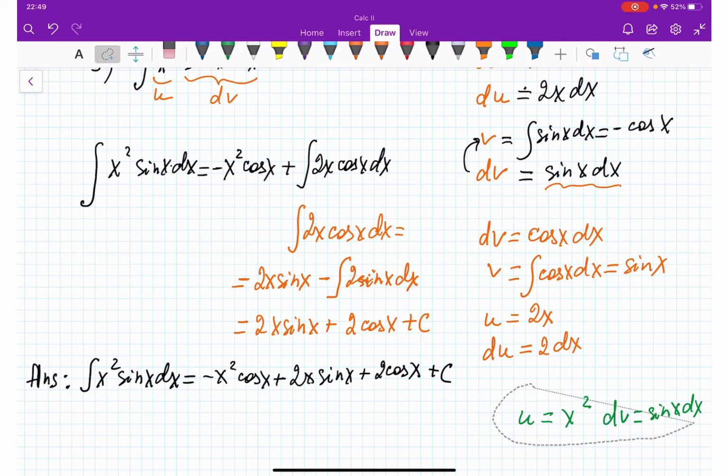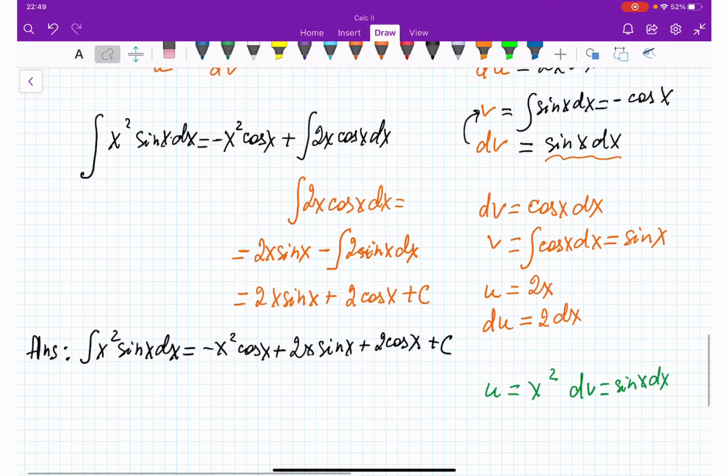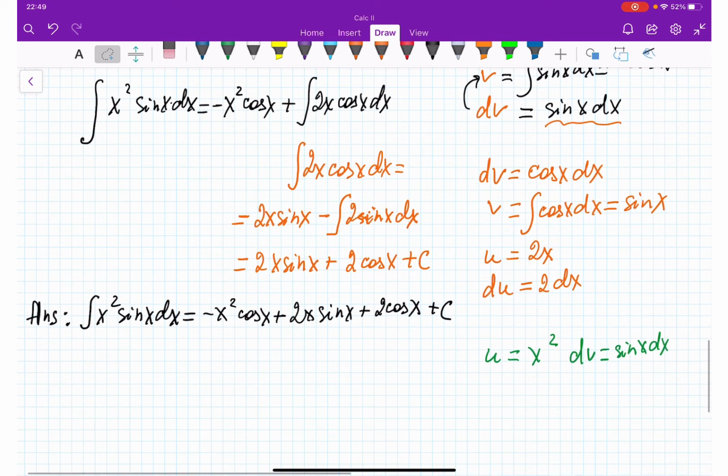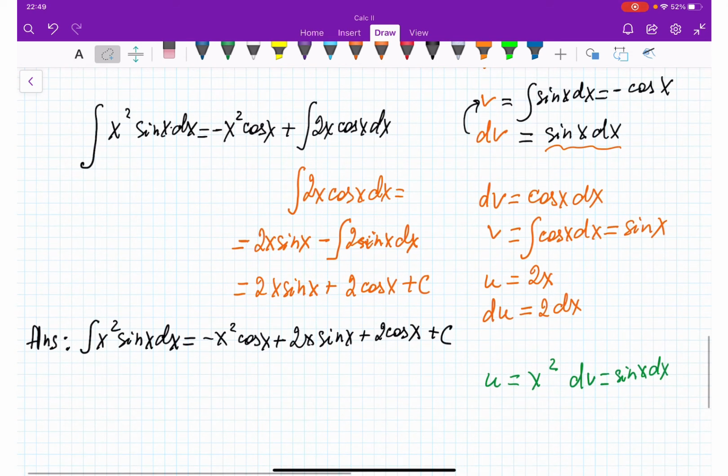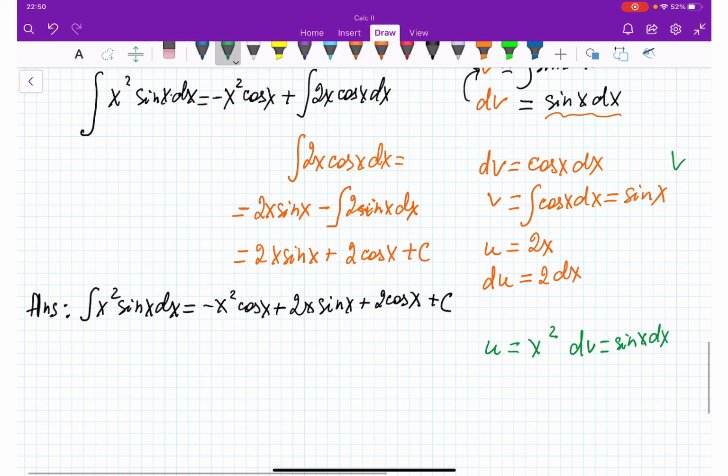Okay. This is the mistake I'm warning. So second time, let's say, instead of doing a similar substitution like this one, what if I would mess up and I would take u as cosine x, okay? And dv, I would take 2x.